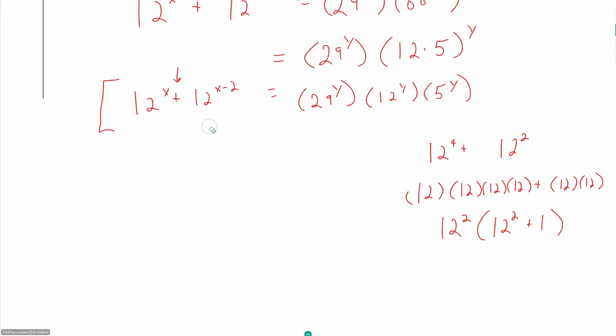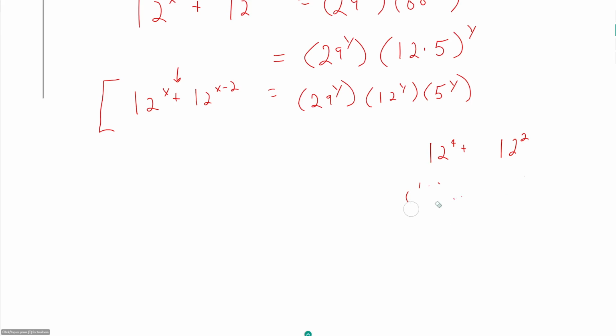And so what do we factor here when we have variables? Well, we really do the same thing. You should factor out the exponent with the smaller power. So in this case, x minus 2, just like we factored out the 12 squared over here. And I'm going to delete this to give ourselves more space.